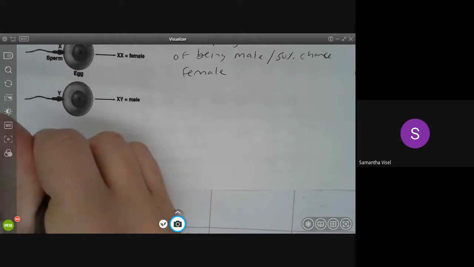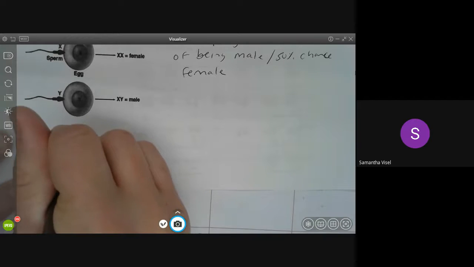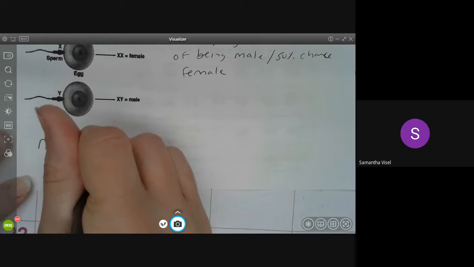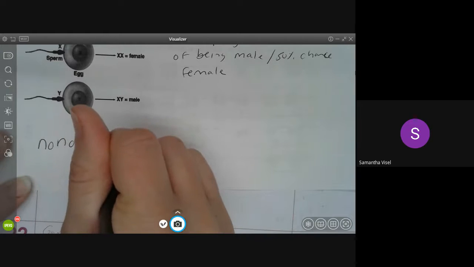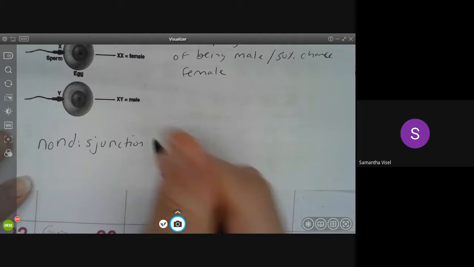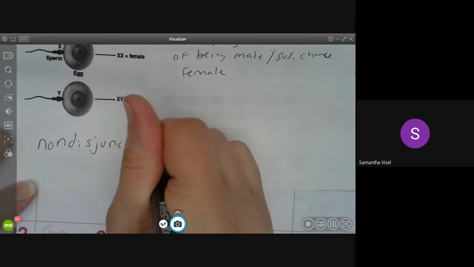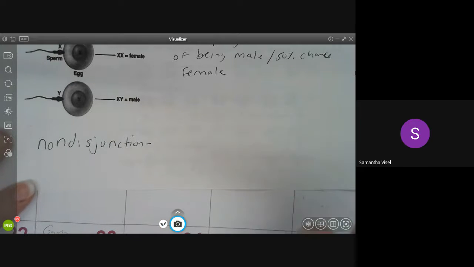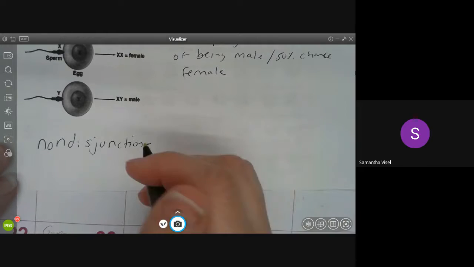Now, we've talked a little bit about non-disjunction before, but since it's been a while, we're going to throw this vocab term back down on our notes since we're going to talk about it again. So it's non-disjunction that causes these abnormalities in the number of chromosomes that we can identify on a karyotype.